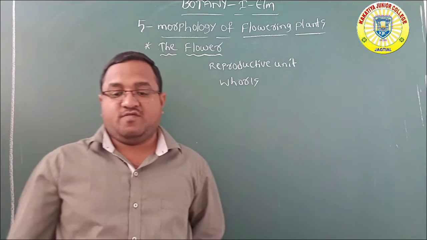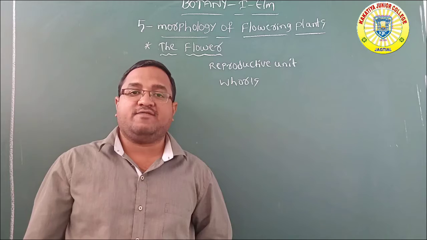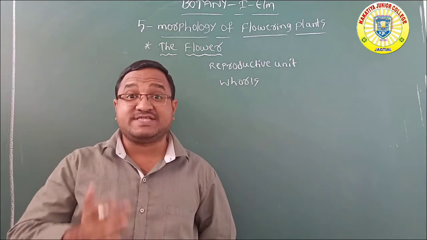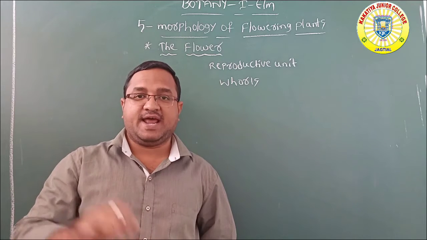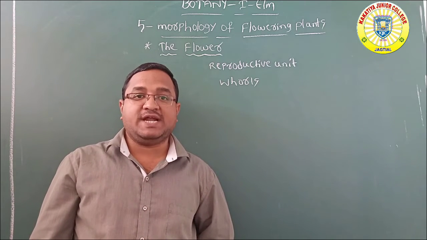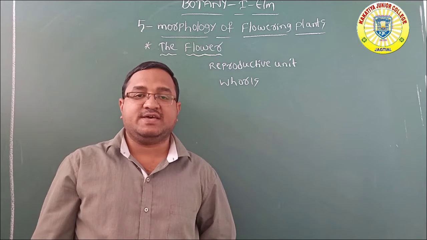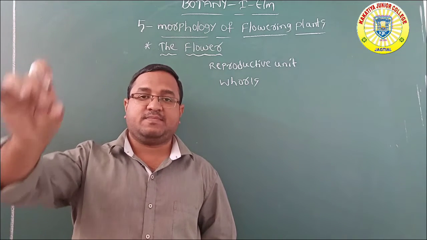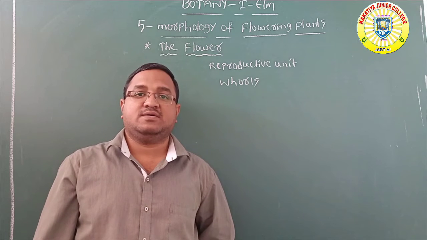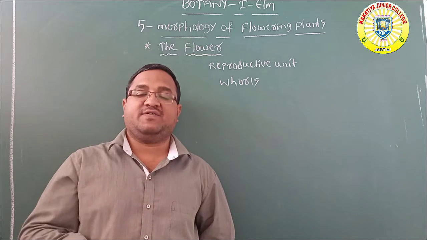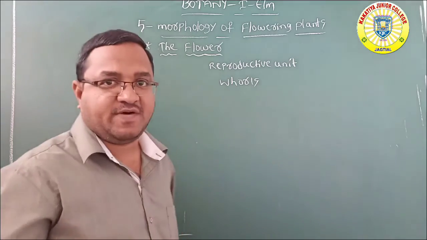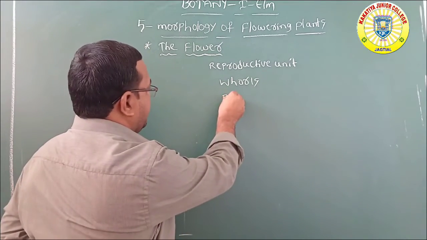These four different kinds of whorls are arranged successively on the swollen end of the pedicel, meaning the stalk. Already you know that a flower has a stalk. What is the stalk of the flower called? Pedicel.